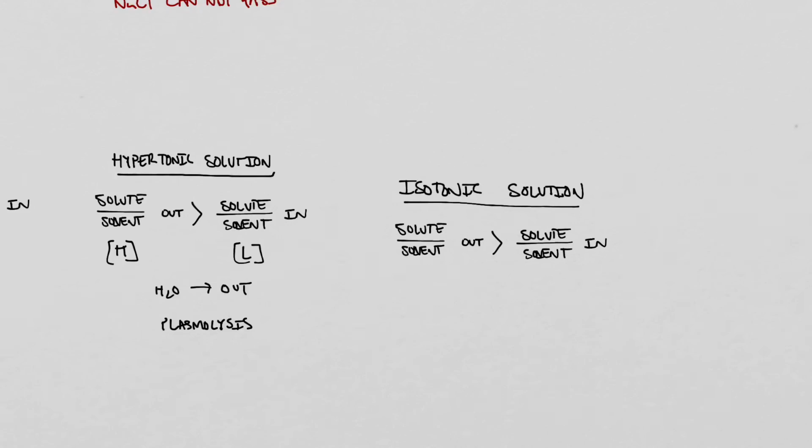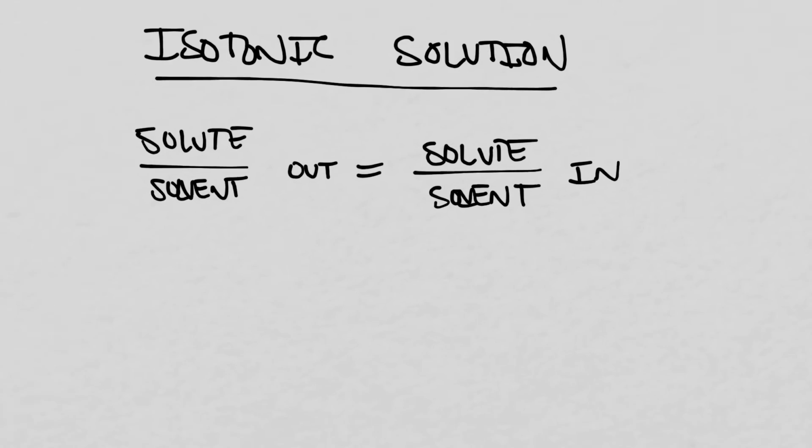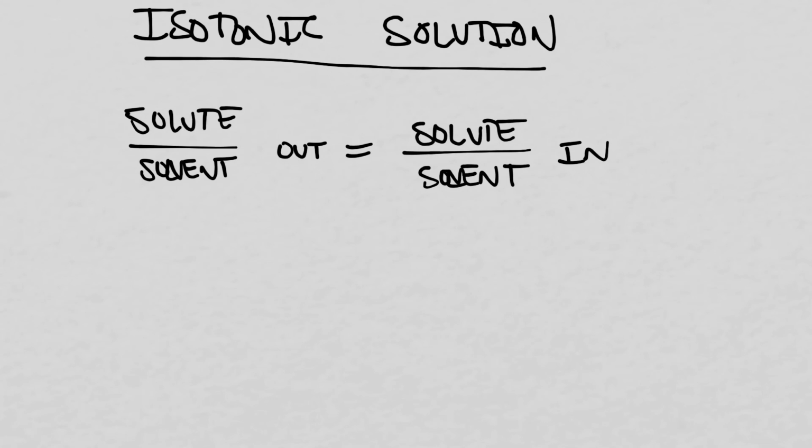Now, the solute concentration outside is actually equal to the solute to solvent concentration, or ratio, inside the cell, and this is an example of dynamic equilibrium.